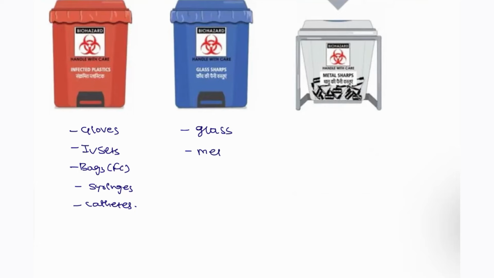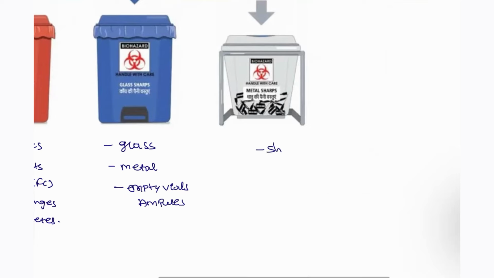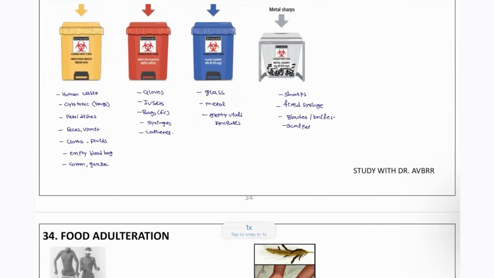Next, metallics: metallic implants, empty vials and empty ampoules are also discarded here. Next, in the white, mostly sharps, right? Fixed needle syringe, for example, is thrown here. Next, blades, knives, scalpel, these are in the white color, right? This is the biosafety that we are going to use.